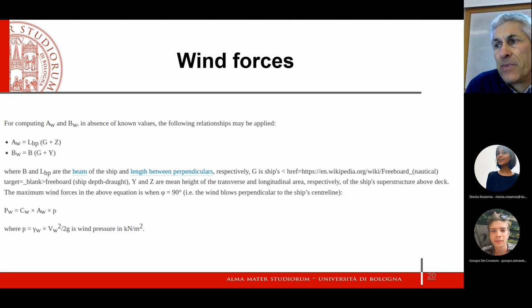G is the ship's freeboard, which is the ship depth minus draught. The freeboard, anyway, we defined in my first slide. Y and Z are the mean height of the transverse and longitudinal area, respectively, of the ship's superstructure above deck.